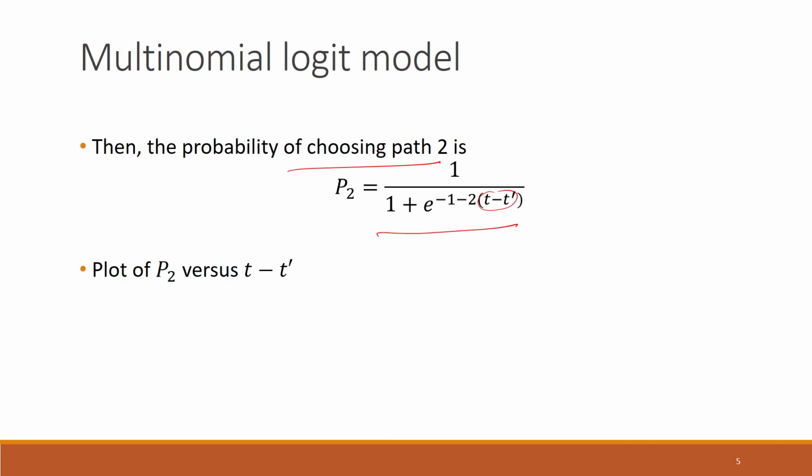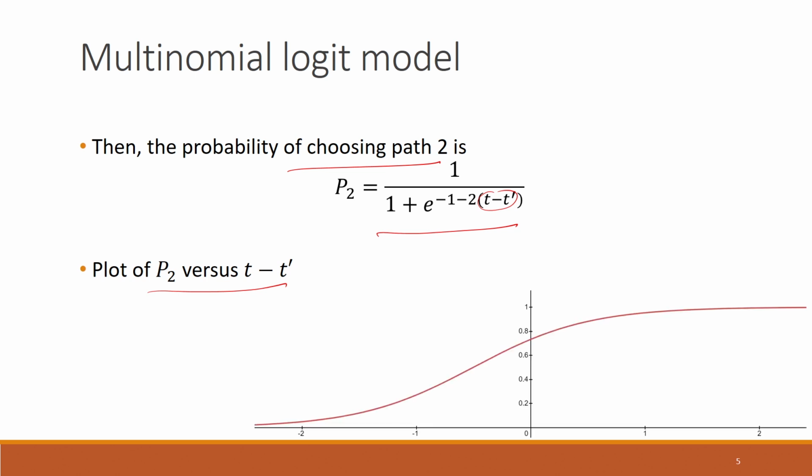So, therefore, if we plot the probability of choosing the second alternative versus t minus t dash, this is what we will be getting. So, here you can see that on the x axis we have t minus t dash plotted, and this is the probability of choosing the second alternative P2 plotted on the y axis.